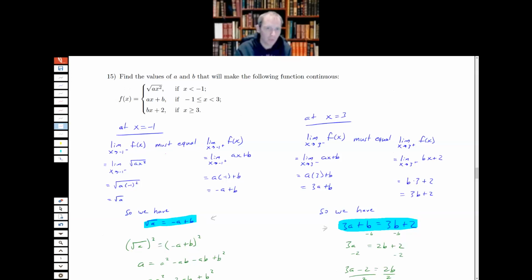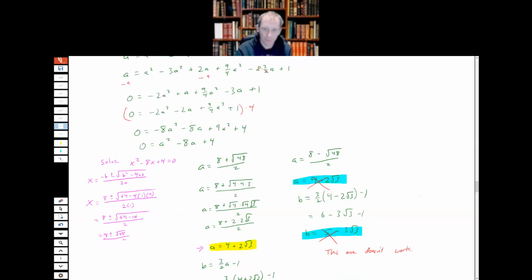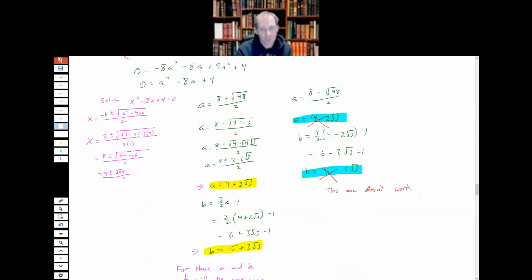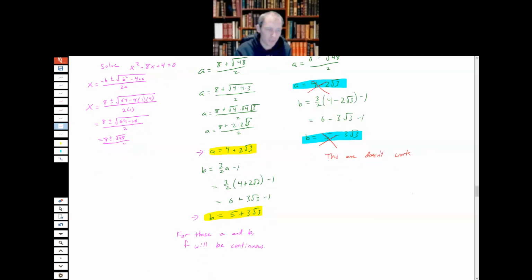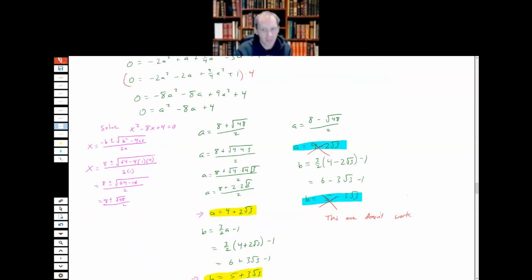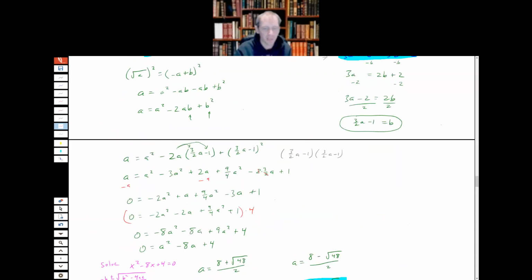You have to know about continuity, and you might set up some equations. These particular sets of equations, that was a lot of work to solve for a and b. But this isn't like calculus work. This is algebra work. And we do a lot of algebra in calculus, but this is not a good exam question. You won't see a question that requires you to do all of this. And then even after all that work, you have to check because one of the solutions doesn't work. Yeah, you're not going to get something like that on the exam.